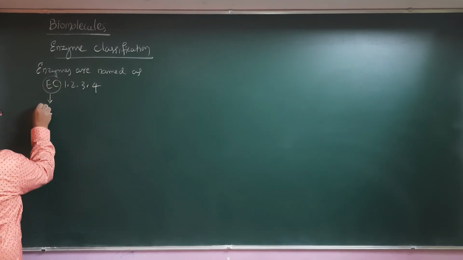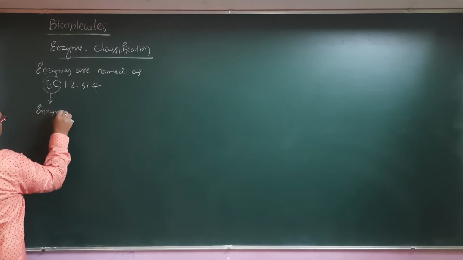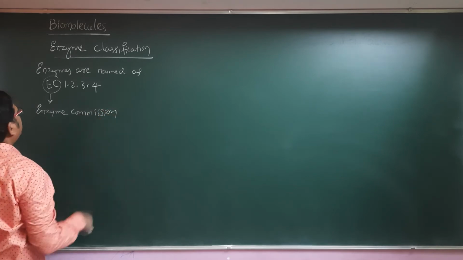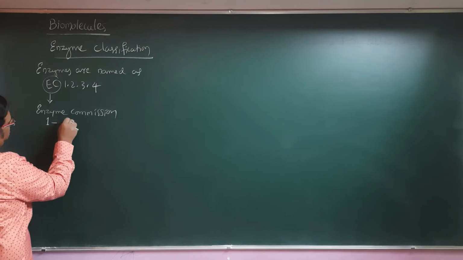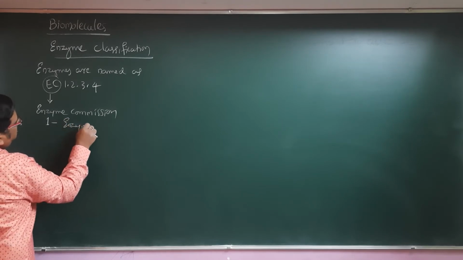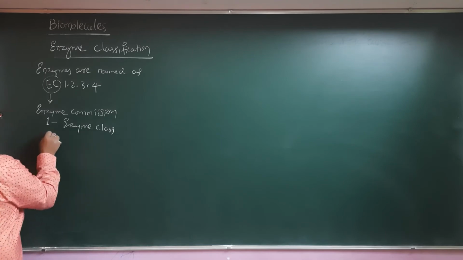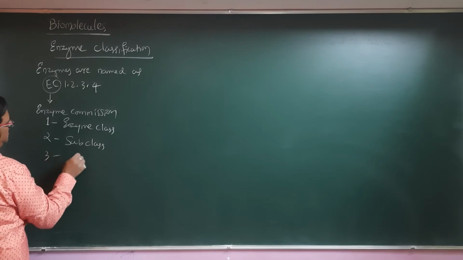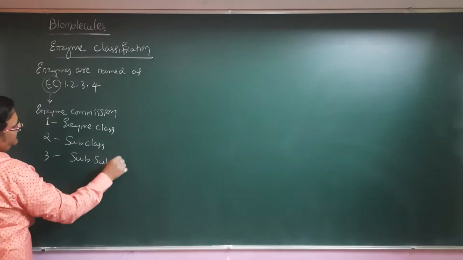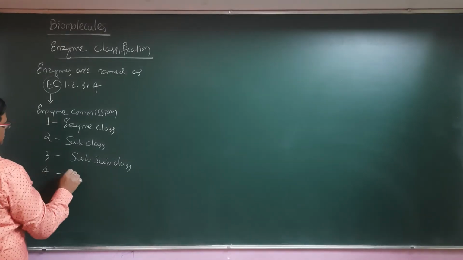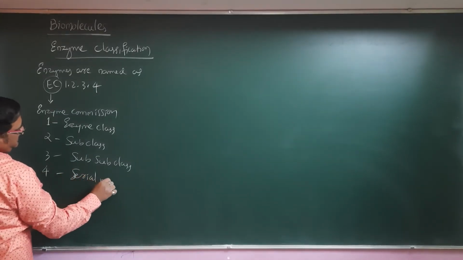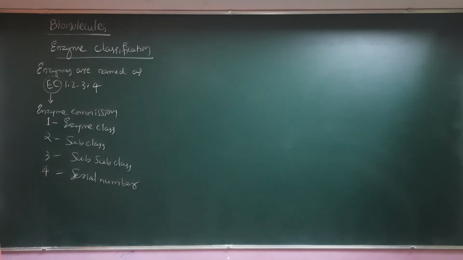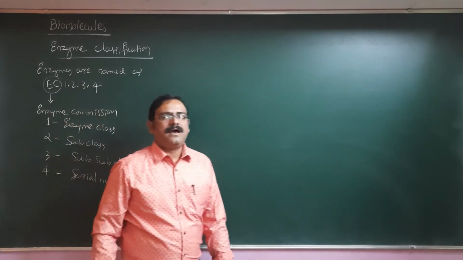EC means Enzyme Commission. 1 refers to the enzyme class, 2 refers to the subclass, 3 to the sub-subclass, and 4 to the serial number. Thus the nomenclature of enzymes has been done like this.